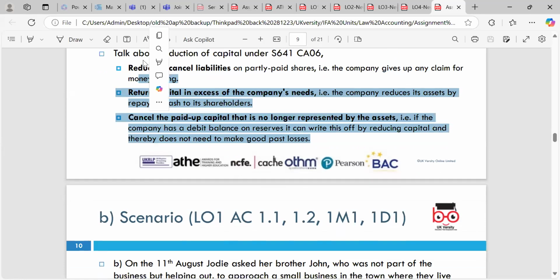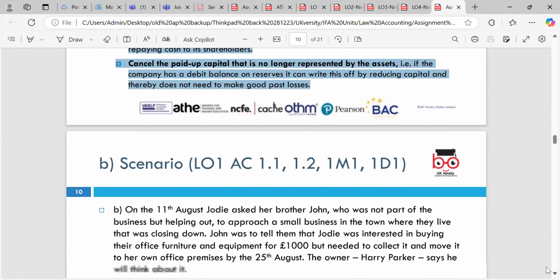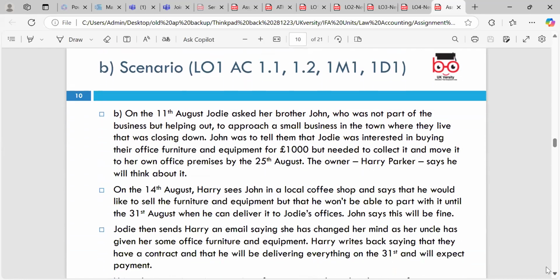In Task 1, we have the B scenario as well. In the B scenario, Jody asked her brother John, who is not part of the business but helps out, to approach small businesses in the town where they live for office furniture and equipment for thousands, but it needed to be collected and moved to her own office premises by 25th August.